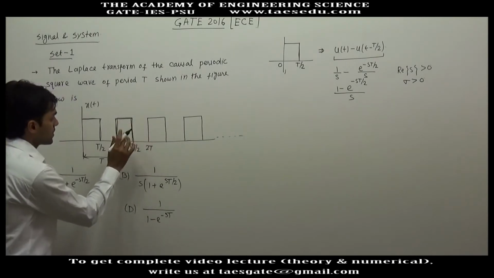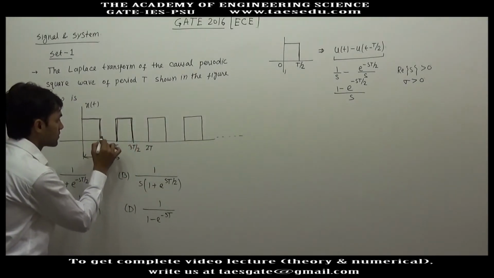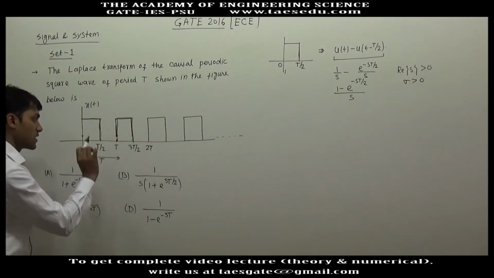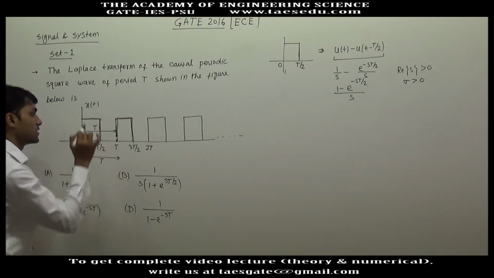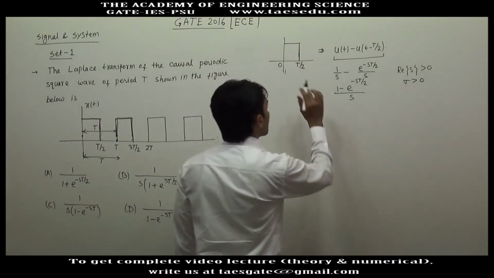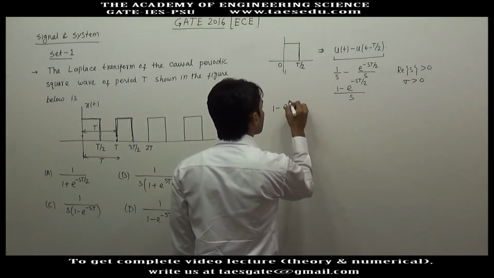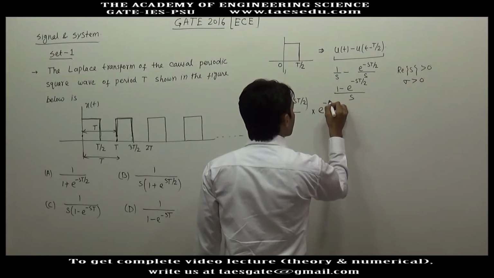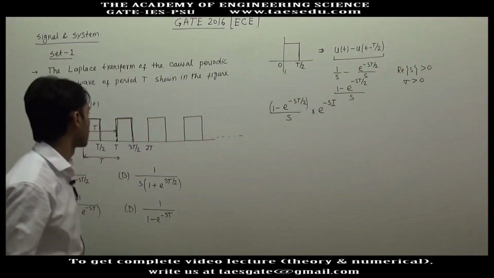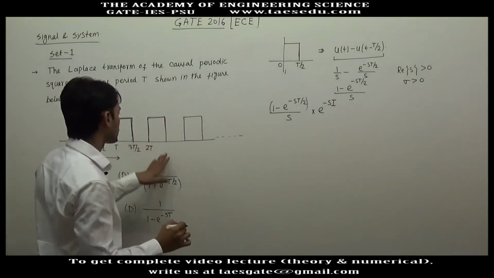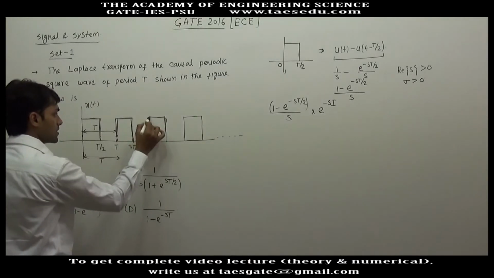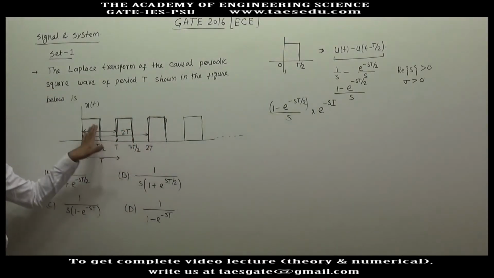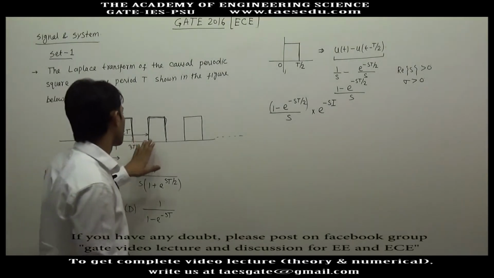This signal is a delayed version of the first signal. The first starts at 0, this one starts at T, and the two signals are identical, so the delay is T. If you delay this signal by T, the Laplace transform of the delayed signal will be the same divided by s, multiplied by e to power minus s times the delay, and the delay is capital T. Similarly, the third signal is a delayed version of the first square wave, and the delay is 2T.